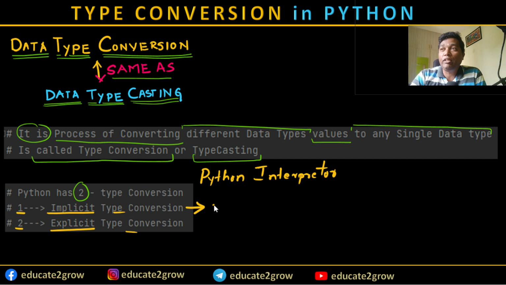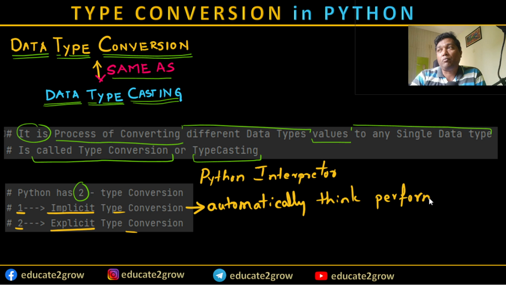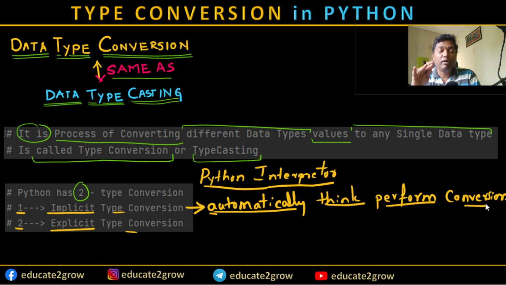It automatically thinks and performs the conversion. The Python interpreter automatically converts, and does not require any conversion tool or function to convert the data type. Let's take the example one by one.